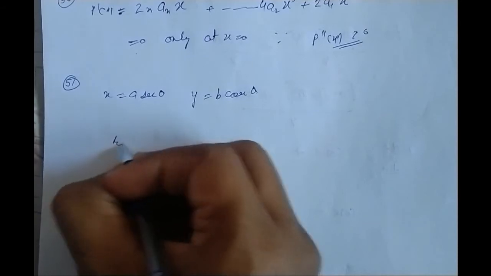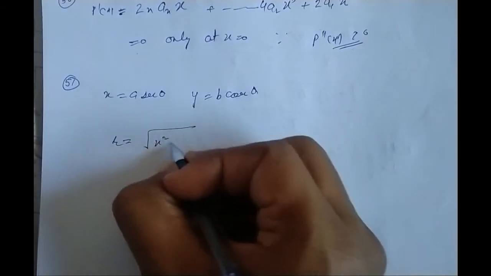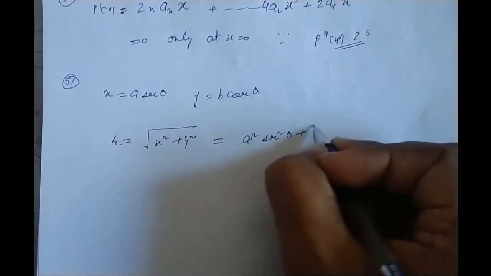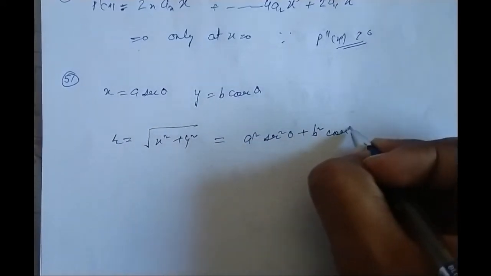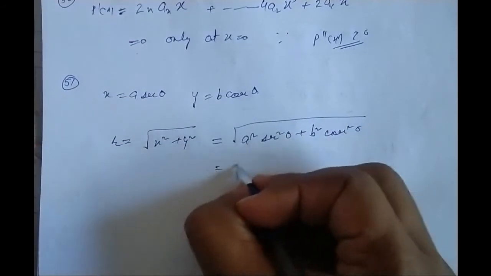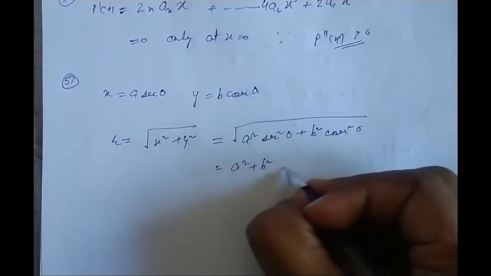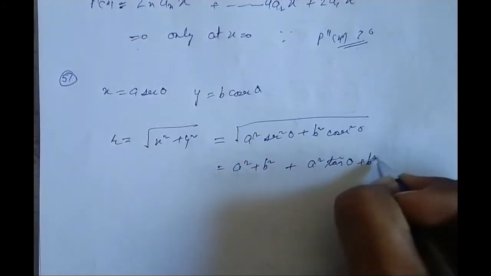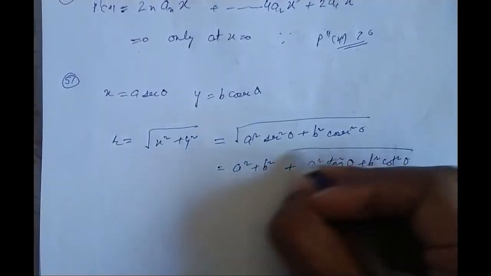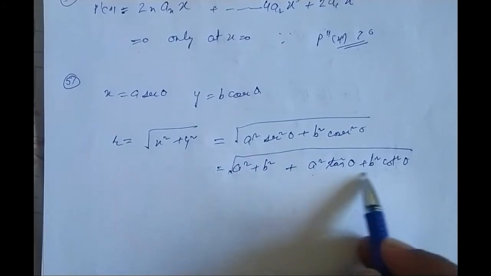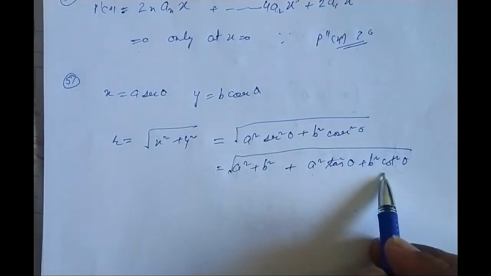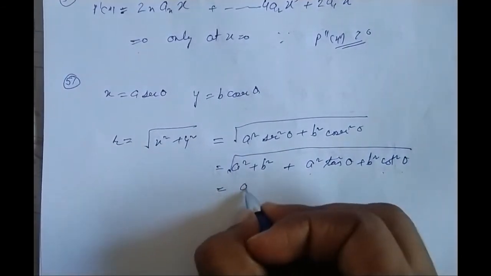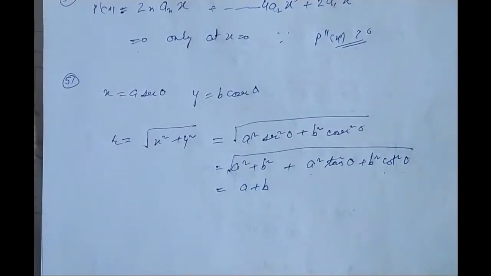So let r is equal to square root of x square plus y square, equal to square root of a square sec square theta plus b square cosec square theta, which is a square plus b square plus a square tan square theta plus b square cot square theta. So the minimum value of this would be 2ab using AM-GM, then r comes out to be a plus b.